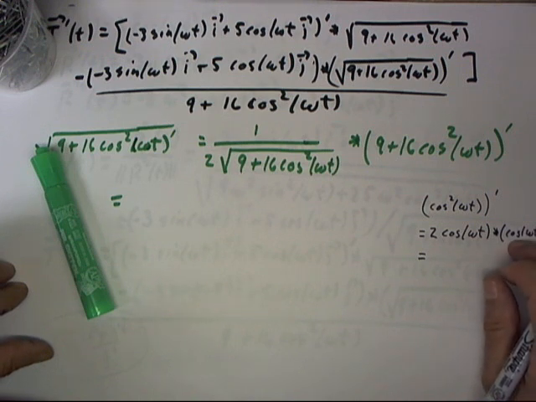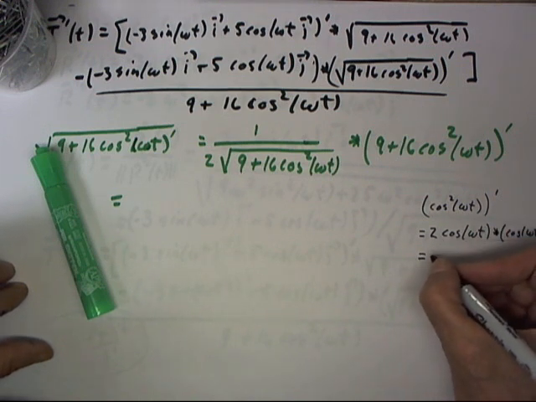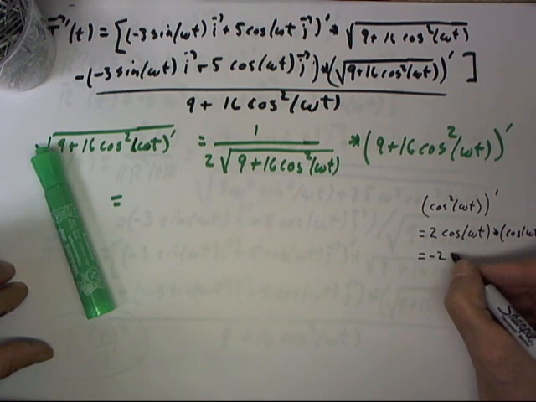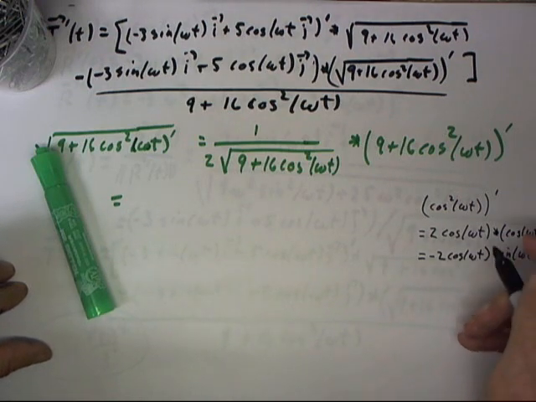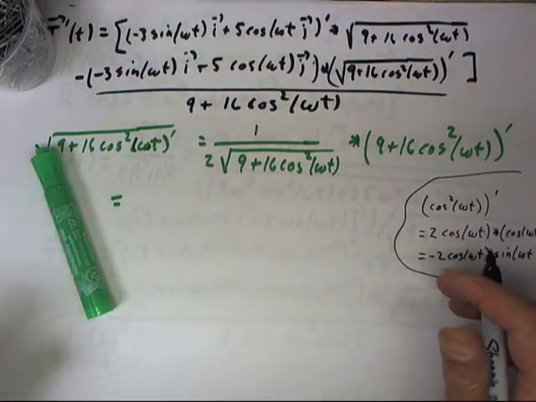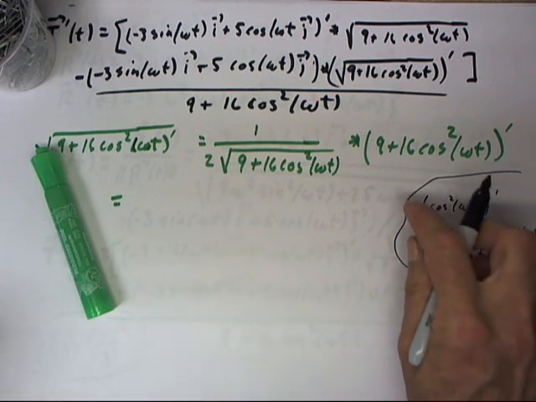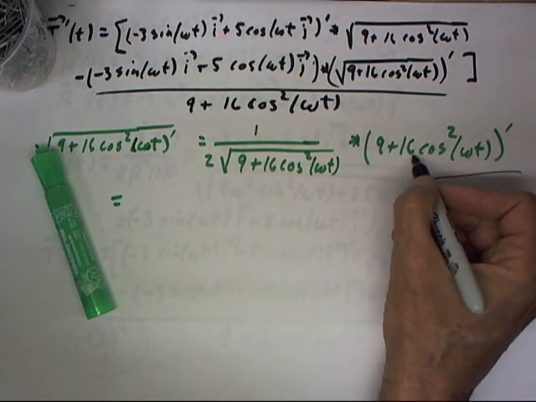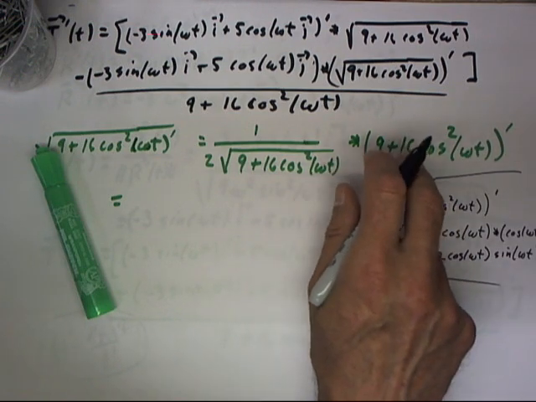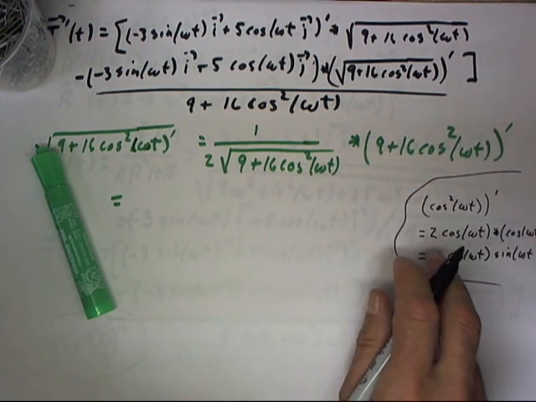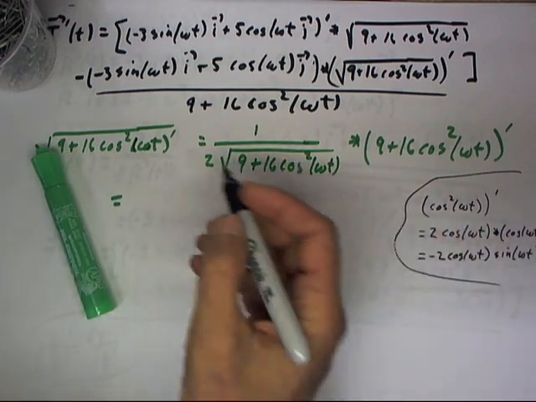It's just negative omega sine of omega t. So we end up with negative 2 cosine omega t sine of omega t. So the derivative of 9 plus 16 cosine squared of omega t, 9 is going to give us 0. 16 times this is going to give us 16 times this.